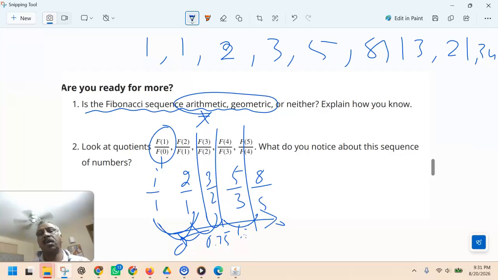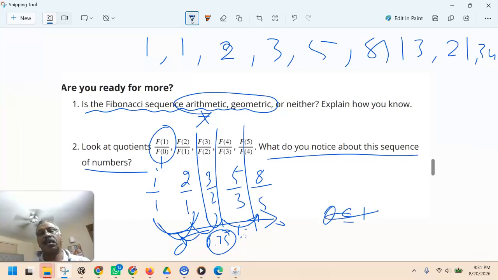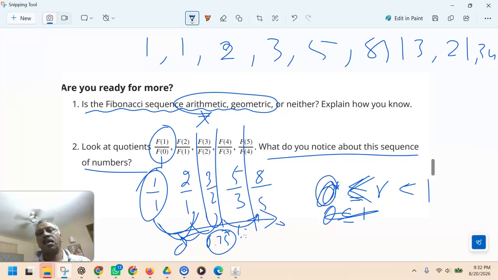You can check this the inquisitive way, and what you notice about this sequence is that the ratios increase and decrease, and they are between 1 less than or equal to the ratio, and less than 2. Sometimes it's 1, that's only the first case, but most of the time it is greater than 1 and less than 2.